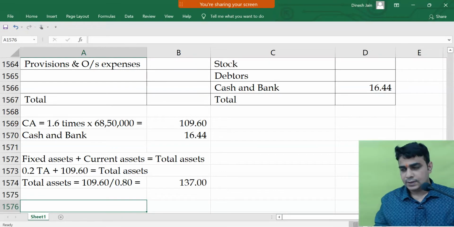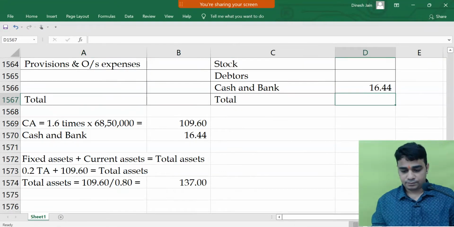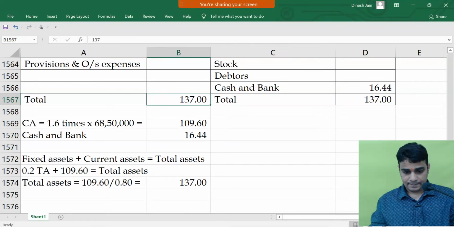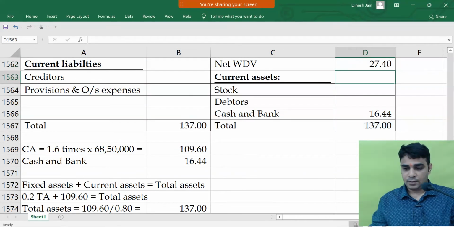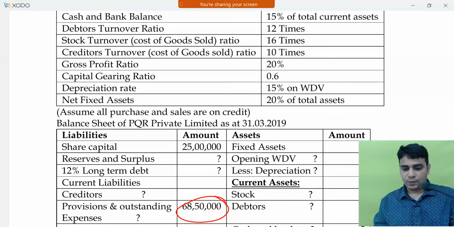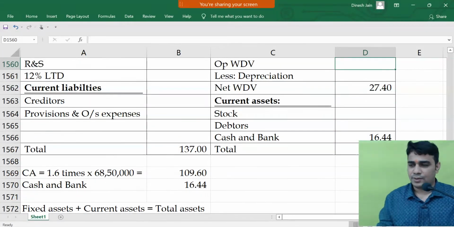So keep doing it. It's with practice. No, that's the format they've given. They want you to find those two missing pieces of information: opening WDV and depreciation. If not, we normally don't get into it.